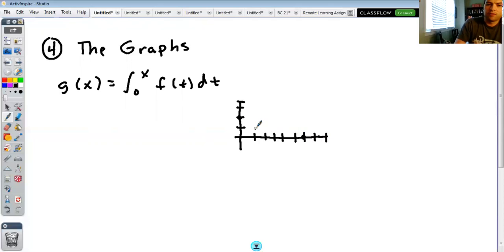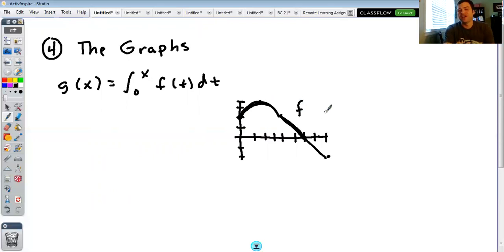I'm going to create a graph that involves a semicircle of radius 2, a rectangle underneath it, a line coming down this way, and extending through to here. That is a rough sketch. That's okay. You get the idea. So let's say this is the graph of f.